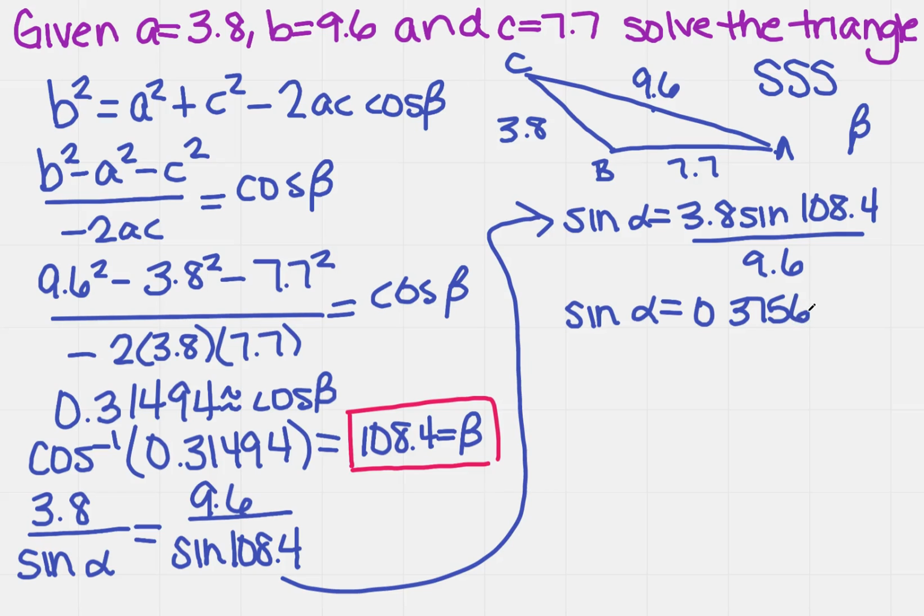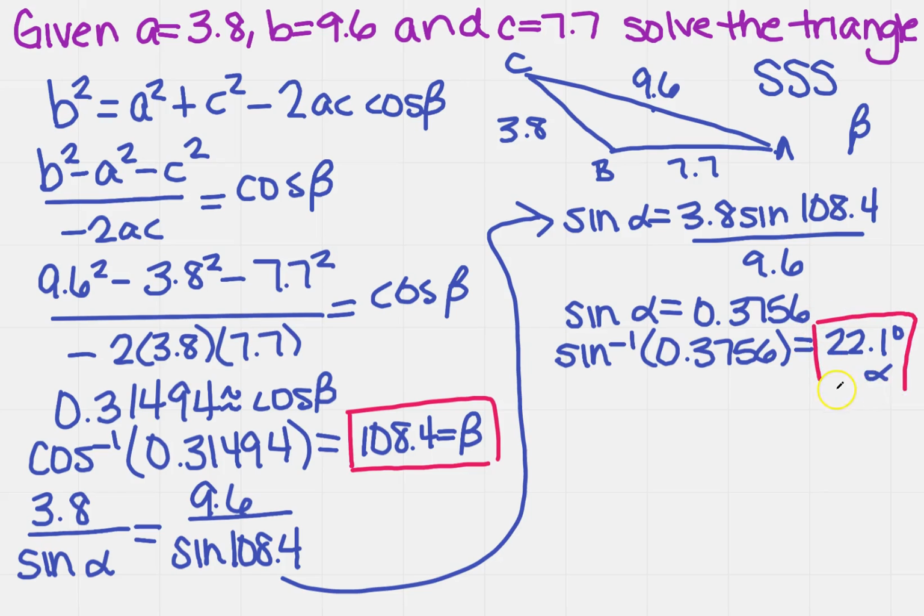Again, if there are more digits on the calculator, make sure that you keep them there so that you can get the most accurate answer. To find alpha, I'm going to take the inverse sine of the number I just found. And when I do that on the calculator, I get approximately 22.1 degrees for alpha. Again, this is important, so I'm going to put a little pink box around it.